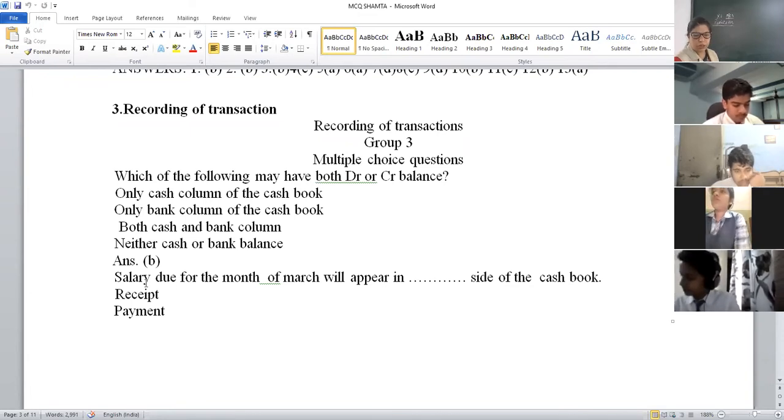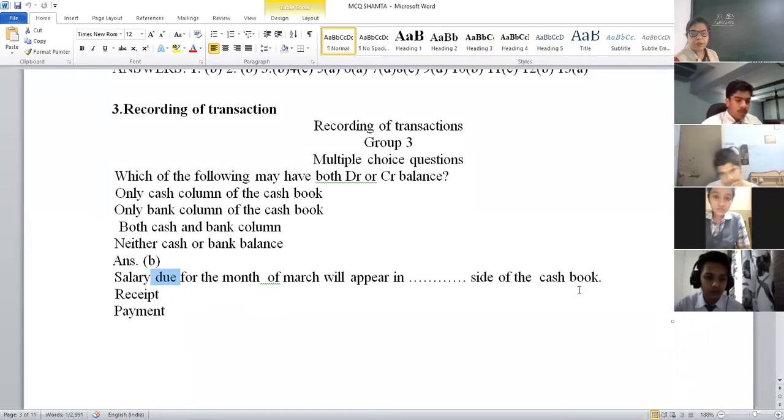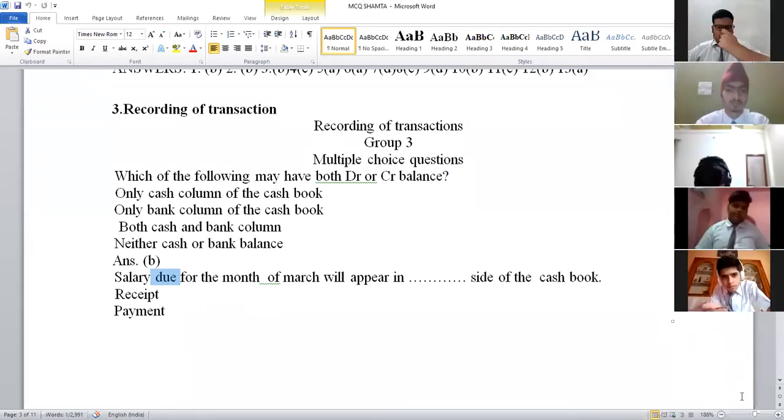Now next question. Salary due for the month of March will appear in dash side of cash book. Yes, who will give the answer? Please raise your hands. That is due. Due means not paid.